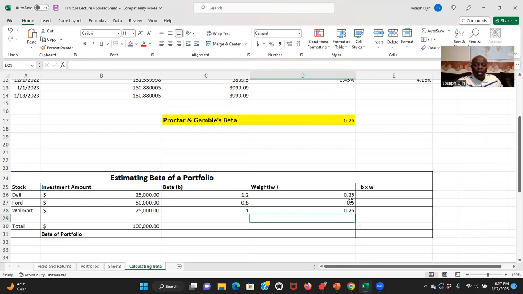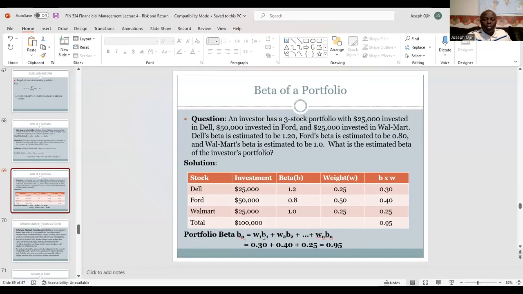So next is to calculate the portfolio beta. Remember that the formula is simply the weight times the beta of the first stock, plus the weight times the beta of the second stock, plus the weight times the beta of the third stock, all the way to the last stock in the portfolio.